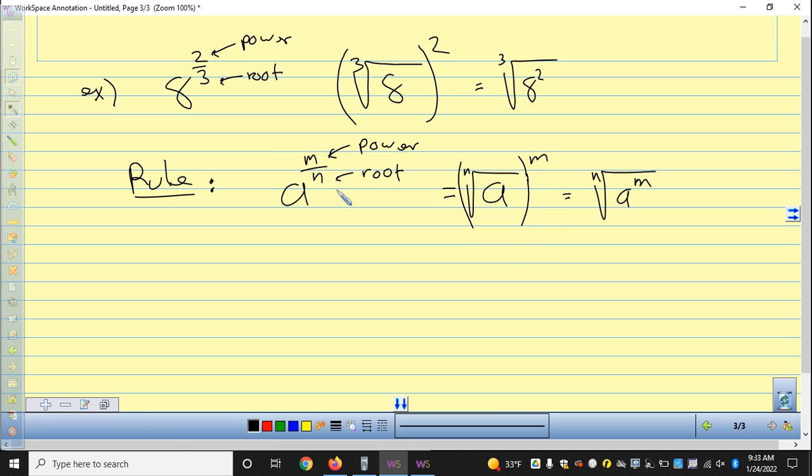When we have an exponent like this where the top number is not 1, we call this a rational exponent.